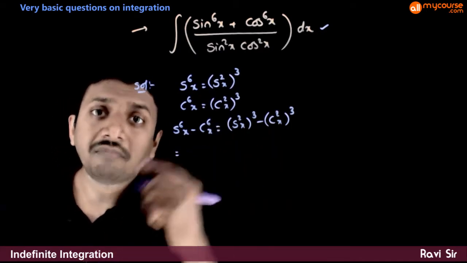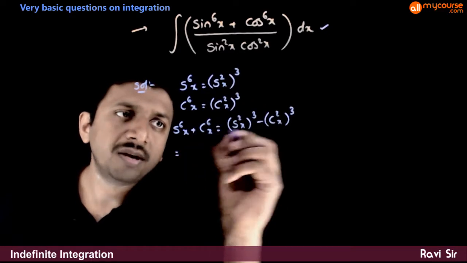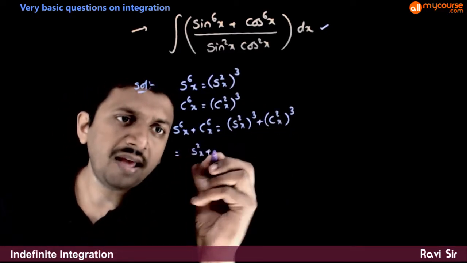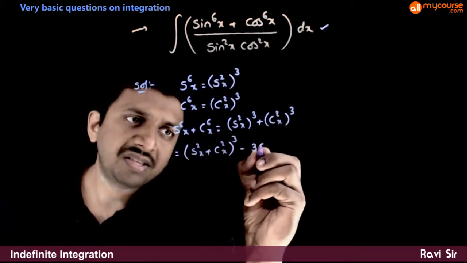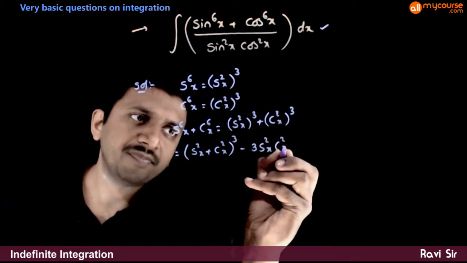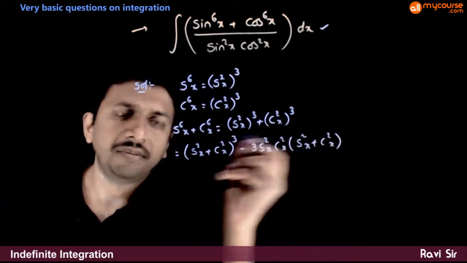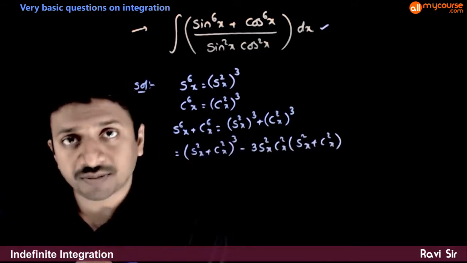So a cube plus b cube is a plus b whole cube minus 3ab times a plus b.